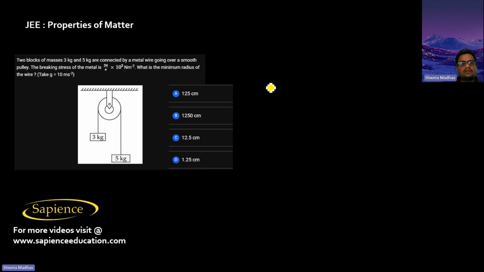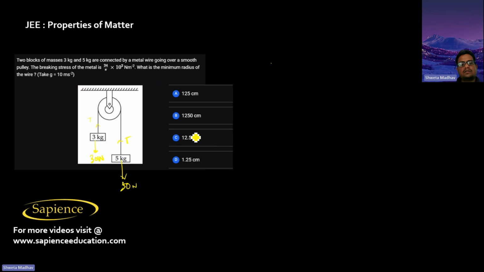The breaking stress is given. Now we know here how much tension force is acting. Here 50 Newton is acting, here 30 Newton is acting. So here there is tension force.